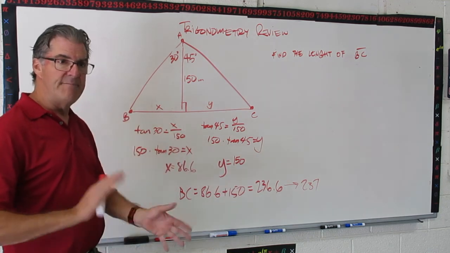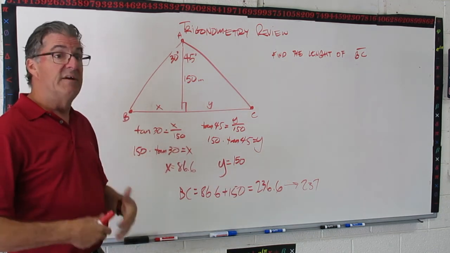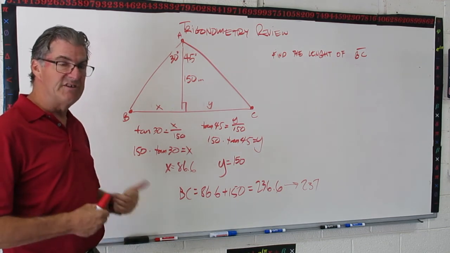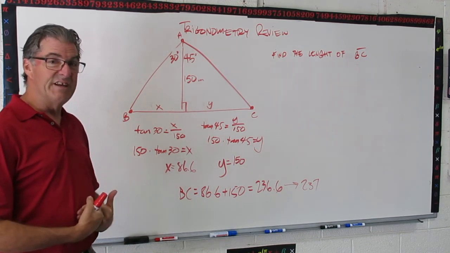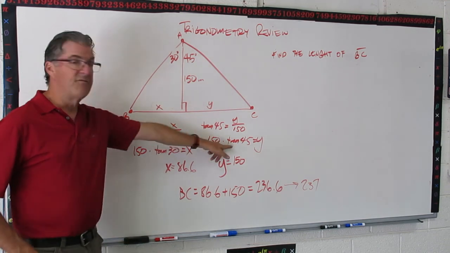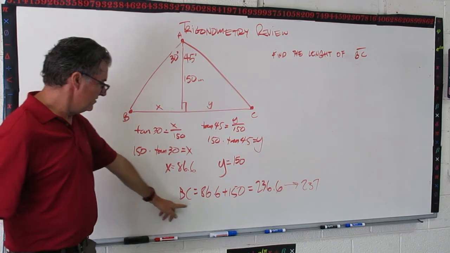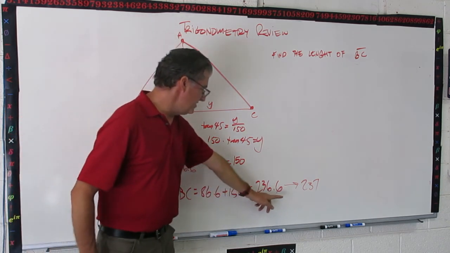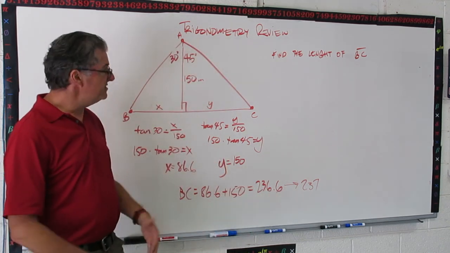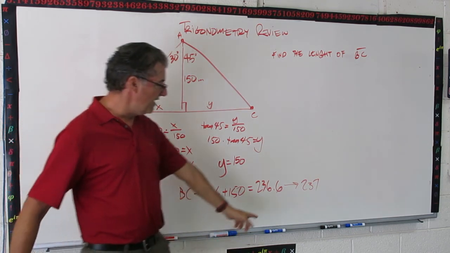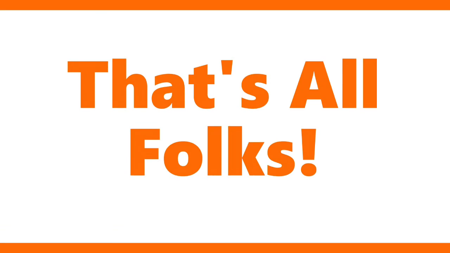Don't worry if you don't have that in memory, but as you work through and get more familiar with trigonometry, you're going to start to remember some key values of tangent, sine, and cosine that give you really nice answers, especially tan 45 is just 1. So I got my x and my y, just add them together, and 236.6 is the distance of BC, but to 3 sig figs, we're going to round that to 237.